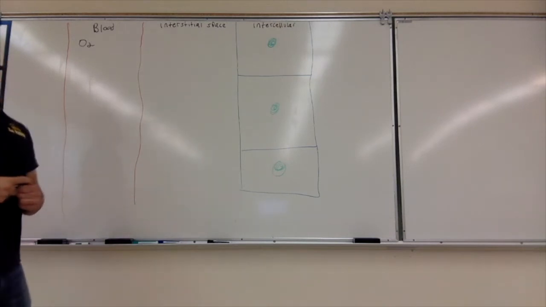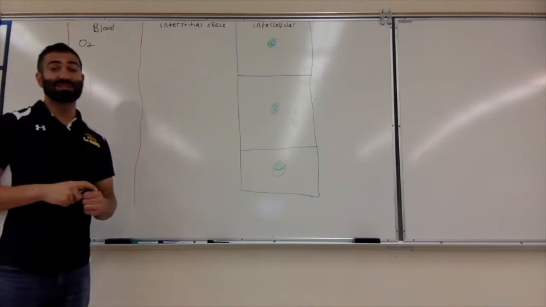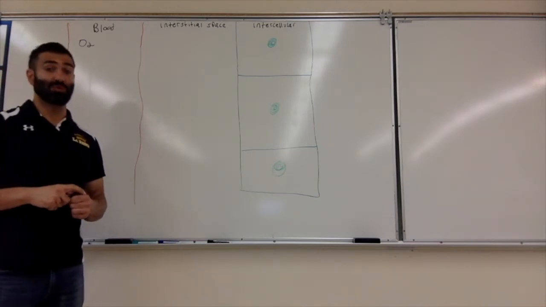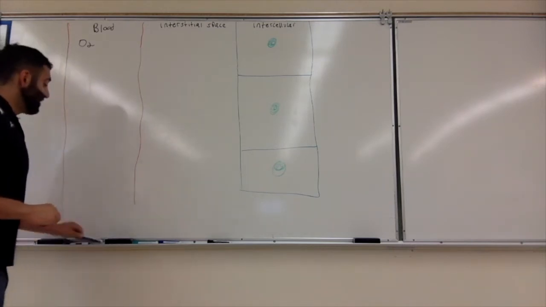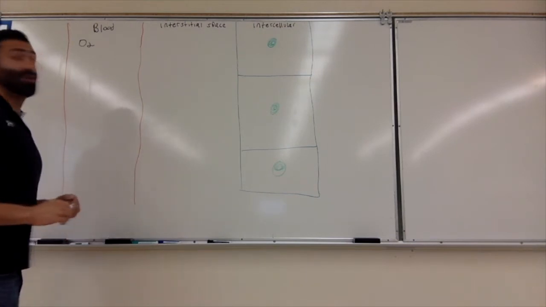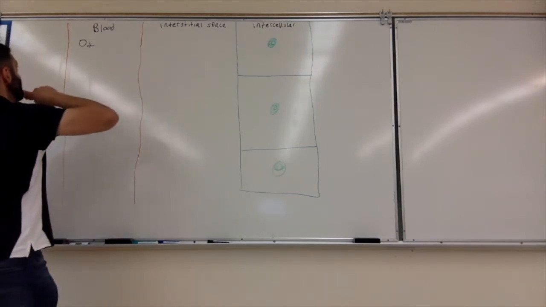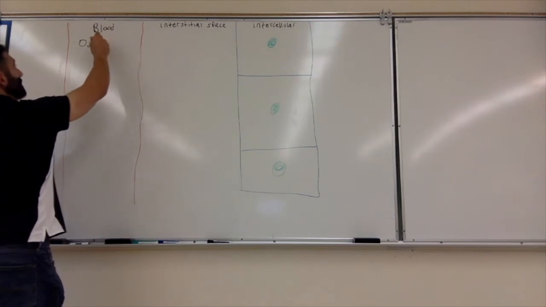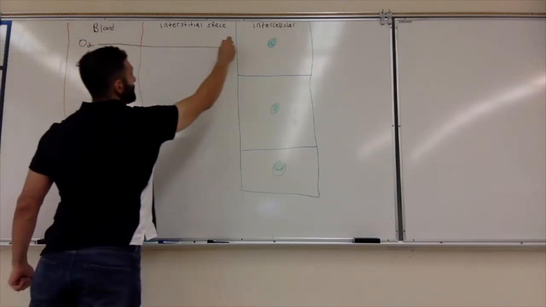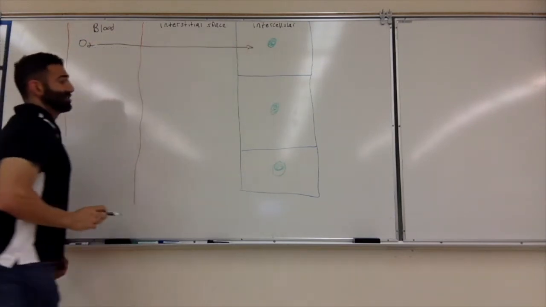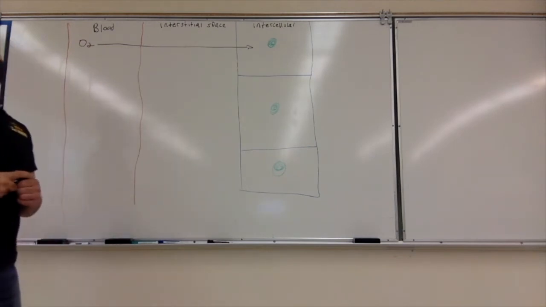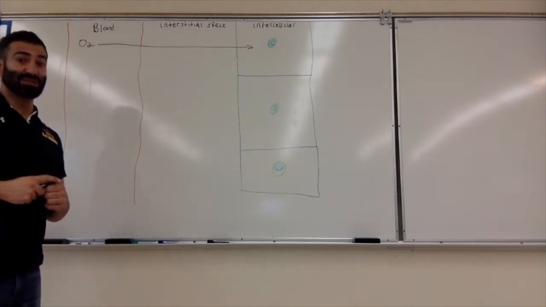In fact, it's something we'll talk about later on this semester. It is carried by a type of protein called hemoglobin. And oxygen is very important because it needs to actually go to our cells. So it travels through the blood, through the interstitial space, and into the intracellular environment. And as I said, we have about 60 trillion cells.